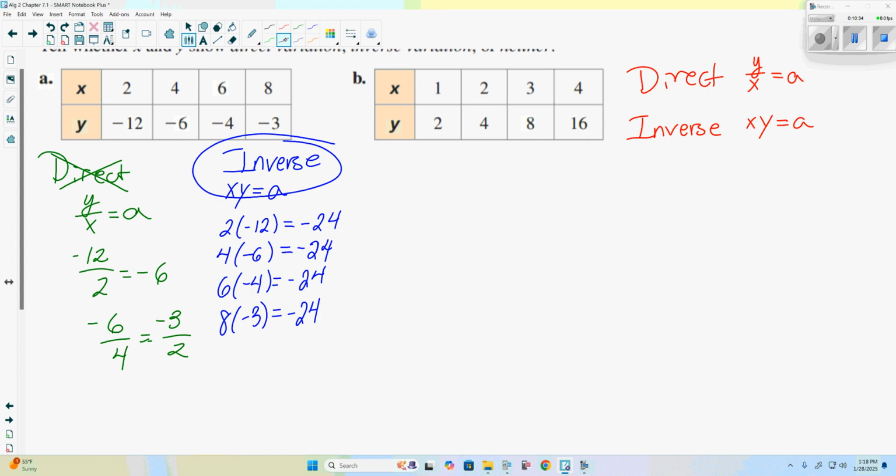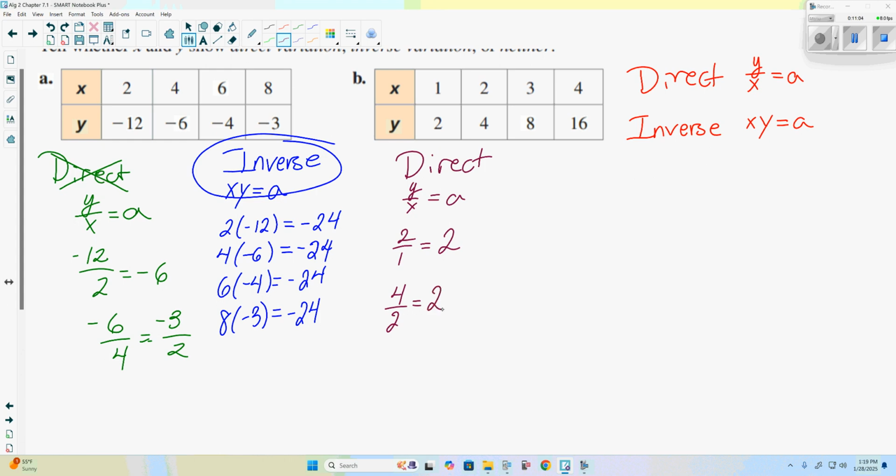Questions on this here? Are you ready for the next one? We don't have to start with direct. I'm just going to start with direct. Y over x equals a. We're going to start off with the first one, which is going to be 2 divided by 1, which is 2. 4 divided by 2 is 2.